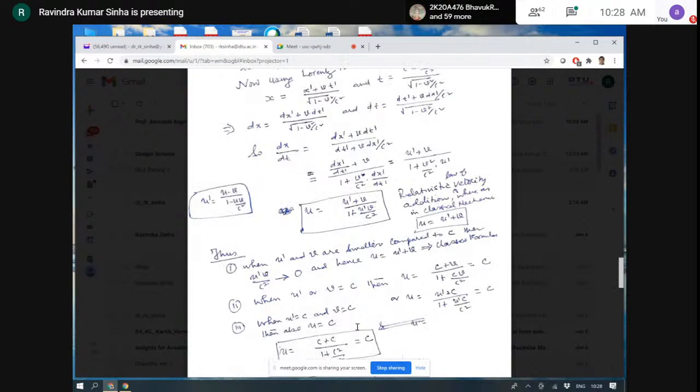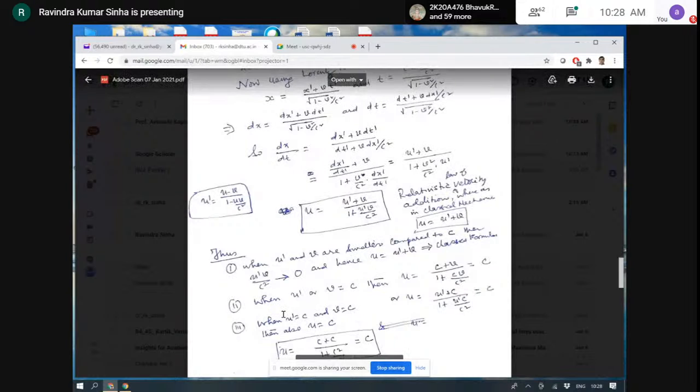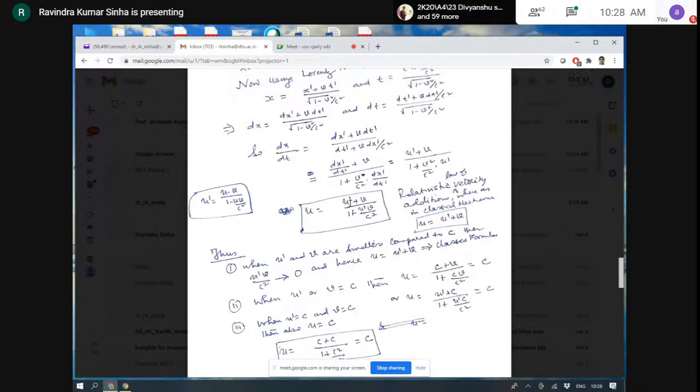Similarly, let's say your friend is running with velocity c and the train is also running with velocity c in the same direction. Then ideally we should have recorded c plus c, 2c, if it is a Galilean transformation.